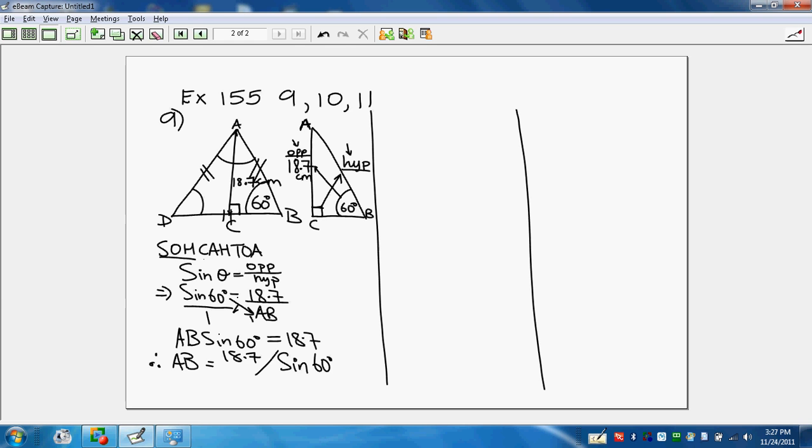Okay, and if we plug that into our calculator, we'll be able to get what AB is. So check it and see. If we round it off to 1 decimal place, we'll get AB is equal to 21.6 centimeters to 1 decimal place, or 1 dp.